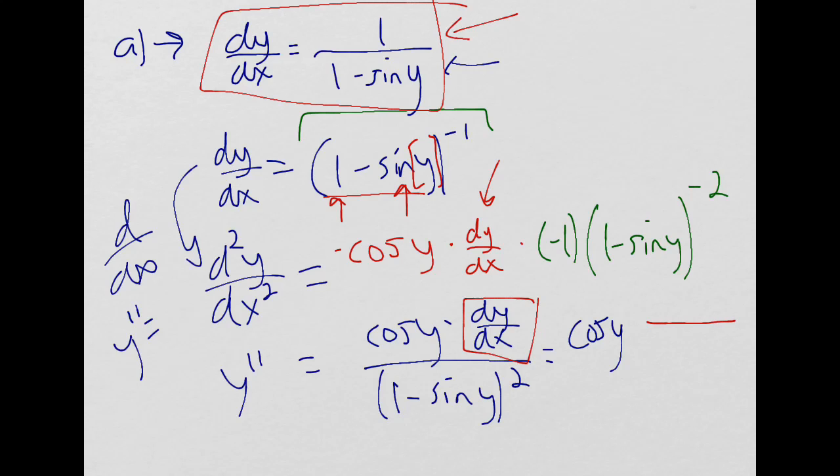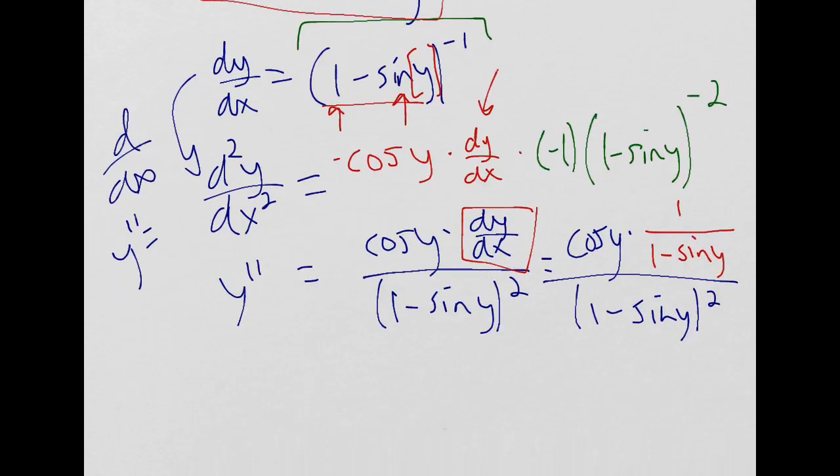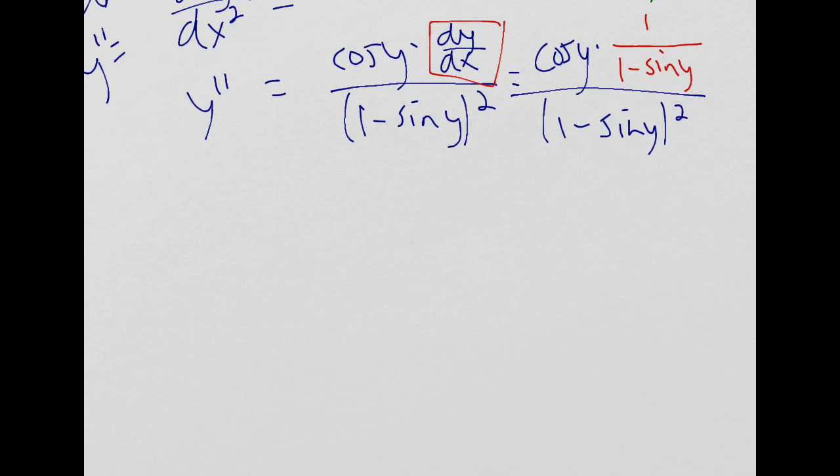I'll make it in red so you can hopefully see what's going on here. Fraction bar 1 minus sine y, and then over, and this is being multiplied here, 1 minus sine y squared, like that.